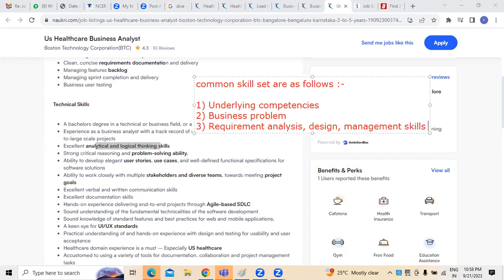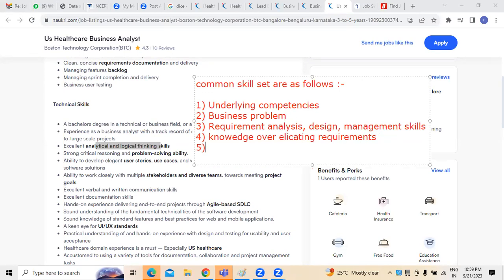Knowledge of eliciting requirements. Next, stakeholder engagement.